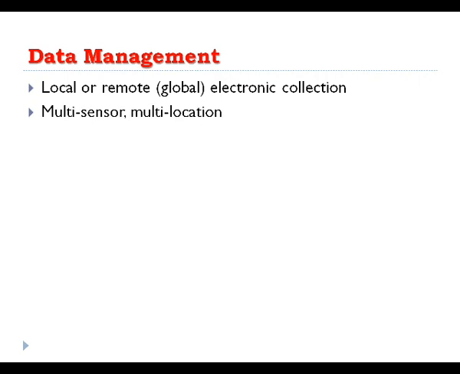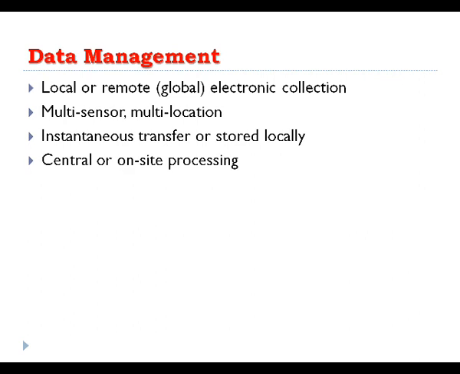Multi-sensors and multi-locations, all part of the system for modern agriculture. And then instantaneous transfer of the information to an office somewhere, or it might be stored locally and picked up once a week or at some other interval. It might be processed at a central processor, or in some cases it might be processed immediately on the implement in the field that's collecting the data.